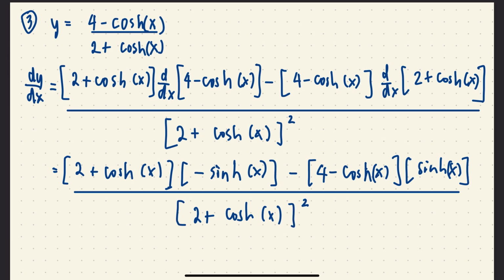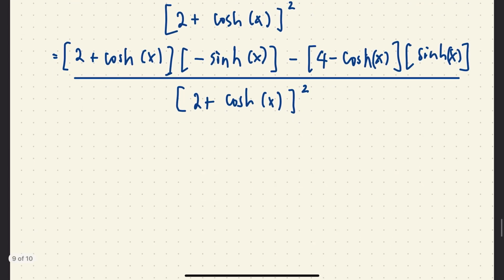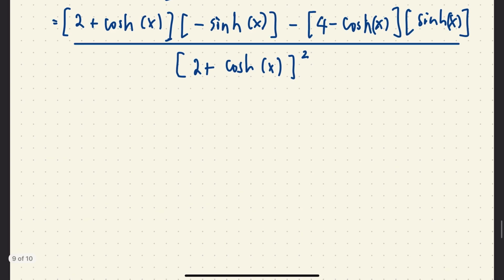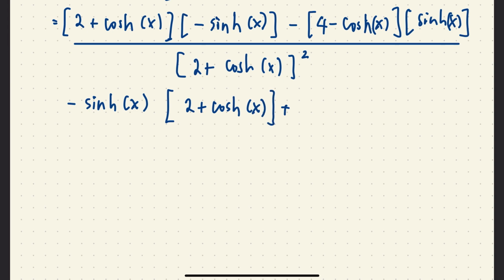Okay? So we just simplify. We can take hyperbolic sine outside the numerator, or factor out negative hyperbolic sine of x. So this will be left with 2 plus hyperbolic cosine of x plus 4 minus the hyperbolic cosine of x.